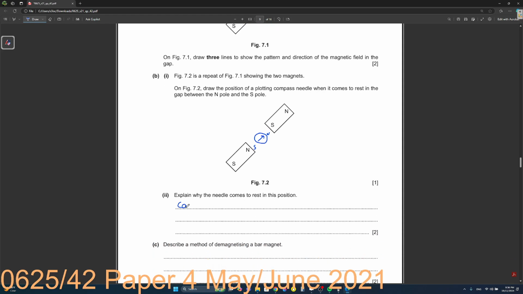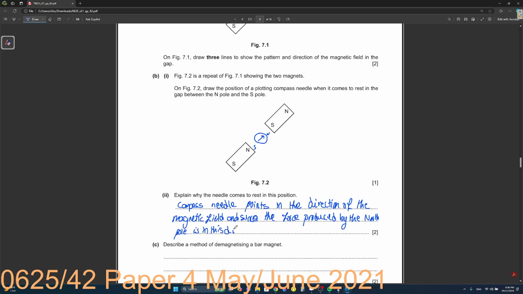We know that the compass needle points in the direction of the magnetic field, and since the force produced by the North Pole is in this direction, then it rests in this direction.